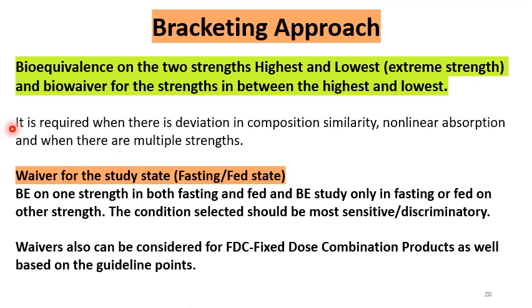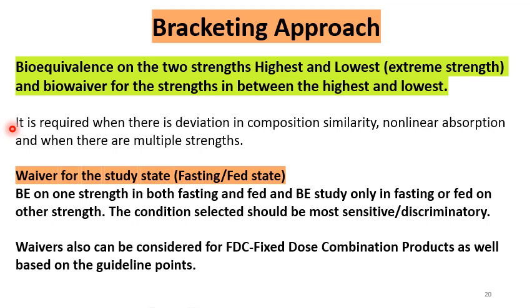Then the waiver for steady state can also be taken, like fasting and fed. BE is done on one strength in both fasting and fed, and BE study only in fasting or only in fed on the other strength. So if you are considering 3-4 strengths, and if you are doing bioequivalence study on higher strength in both fasting and fed state, that time the lower strength can be given a waiver of bioequivalence study in one of the states like fasting or fed state.